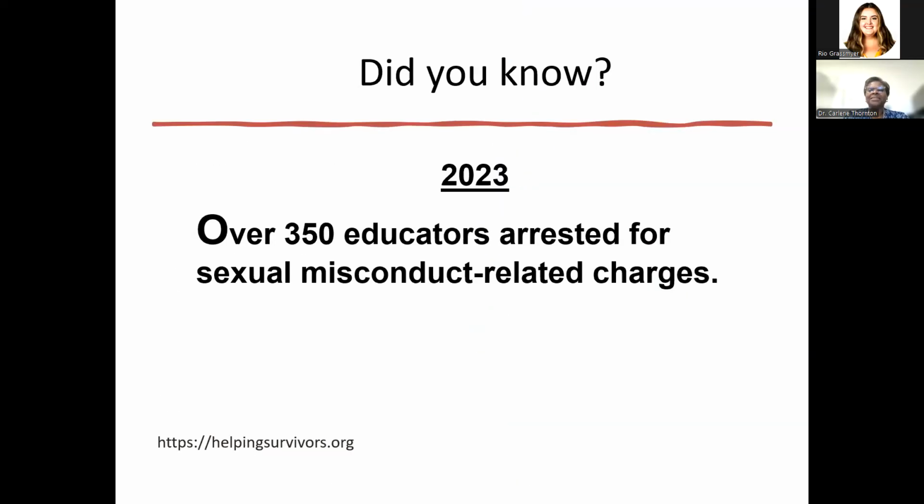So, the latest data that was available is from 2023. And in 2023, over 350 were arrested for sexual misconduct related incidents. Now, that does not include just reports. How many were reported?